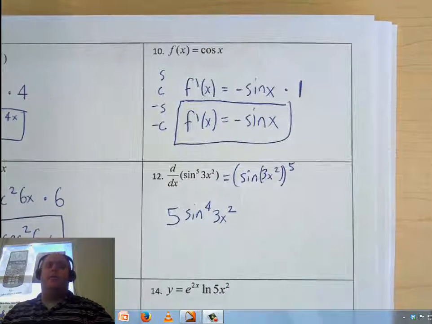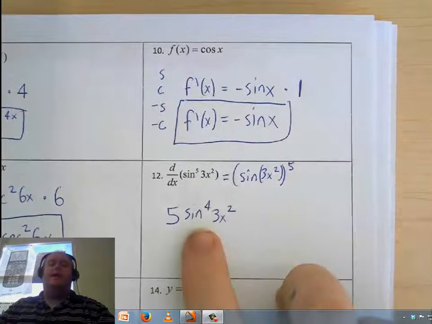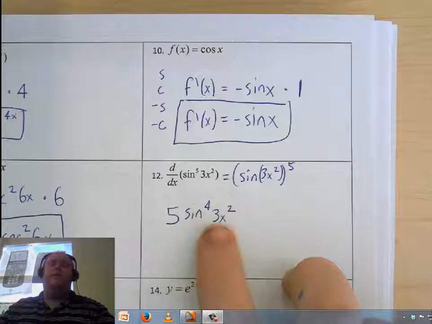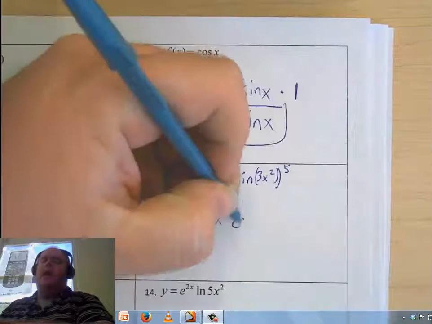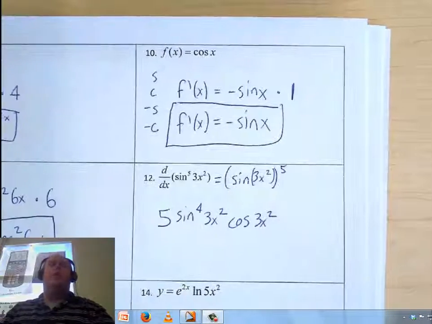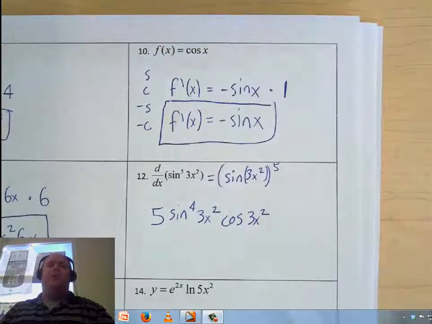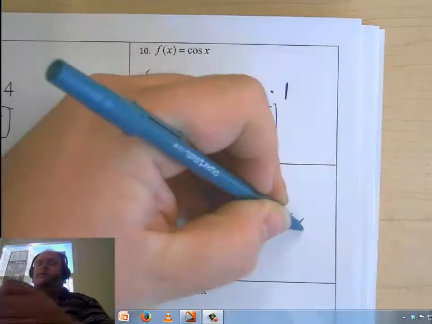But then I have to use the chain rule. In this case, we're taking sine of all that to the 4th power, so I have to take the derivative of sine, which is cosine, and everything stays the same, 3x squared. And then I have to use the chain rule one more time. The derivative of 3x squared is 6x, so everything has to get multiplied by 6x.